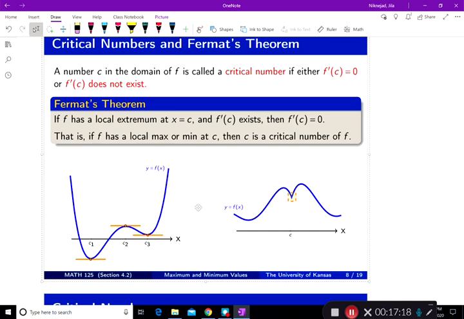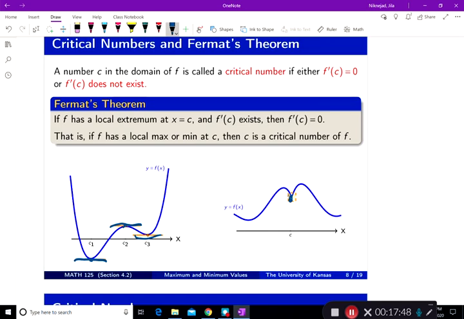There's a local minimum here, and f prime is equal to 0. Why? The tangent line is horizontal. Over there, there's a local maximum. The tangent line is horizontal, f prime is 0 over here as well. But over here, this is a local minimum, but I can tell there's a cusp over here, so f prime does not exist.